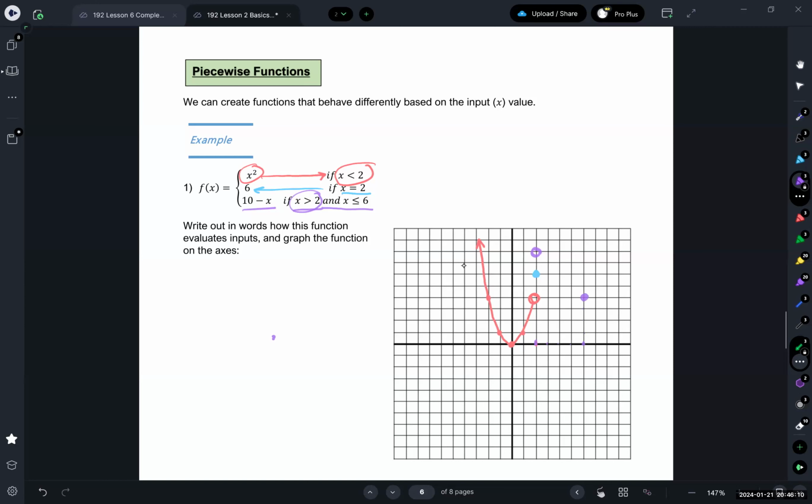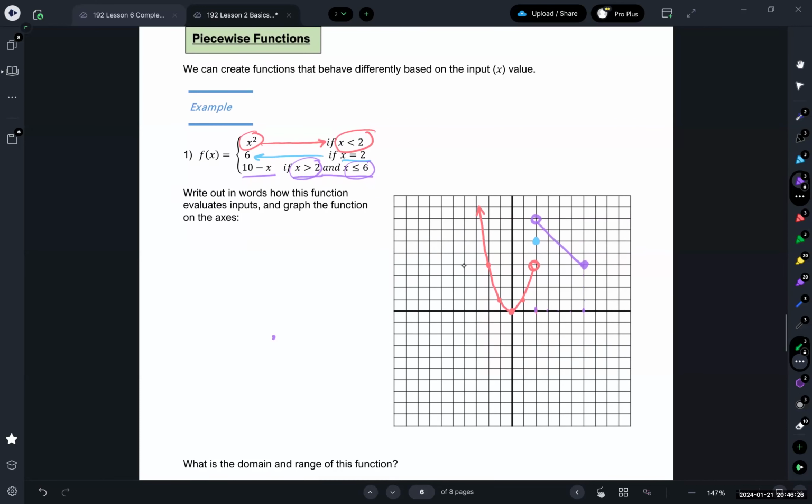And that one is going to get a filled in circle because it has the or equal to. In fact, that point is included in the function. And so I'm just going to connect those with a line because I can look and see that 10 minus x is linear. So it's going to be graphed as a line. So that is one way to just kind of approach graphing it, doing it one piece at a time, being careful about your endpoints. Are they filled in circles or open circles?